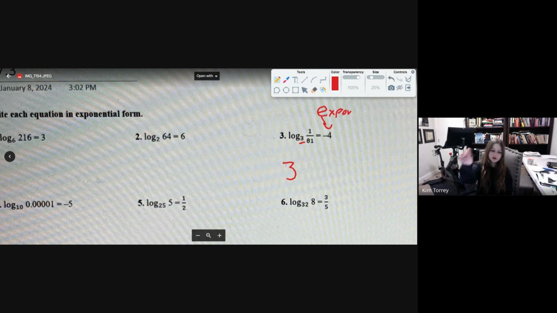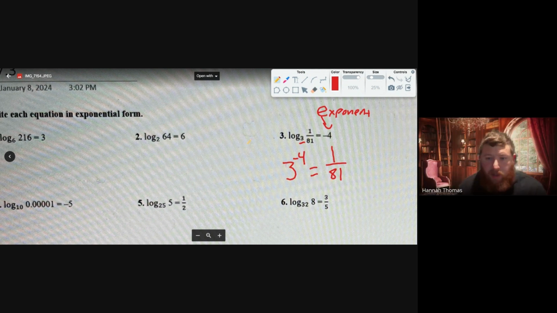So 3 to the negative 4 equals 1 over 81. Because when you have a negative exponent, to make it positive you move it to the denominator. So this is 1 over 3 to the 4th, and 3 to the 4th is 81. So they're still going to create true answers.